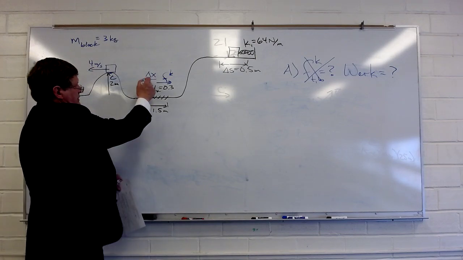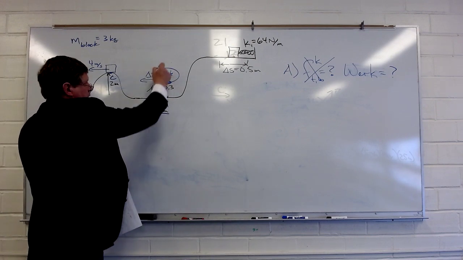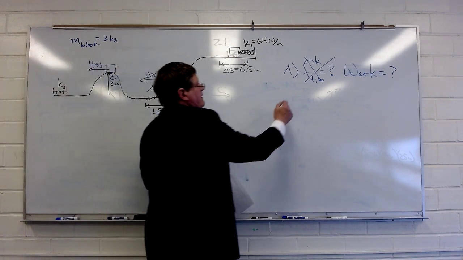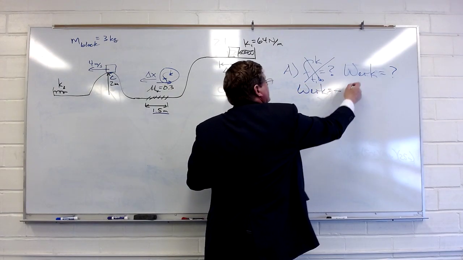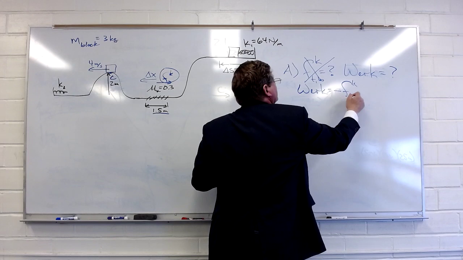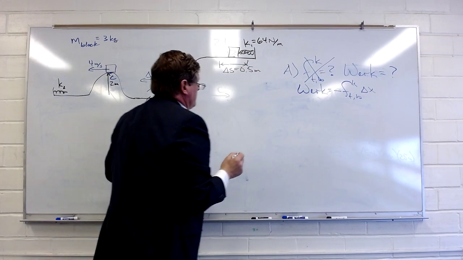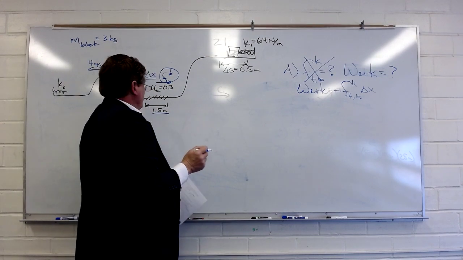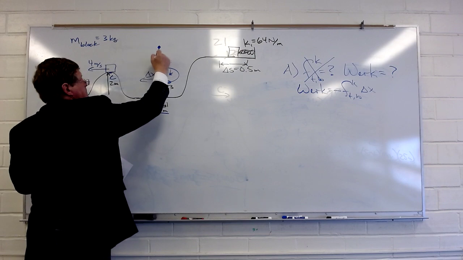We know the distance is 1.5 meters. So if we knew what this friction force was, the work would be given by just minus that friction force by the track on the block times the distance. Well, anytime I'm looking for a force, I draw a free body diagram.